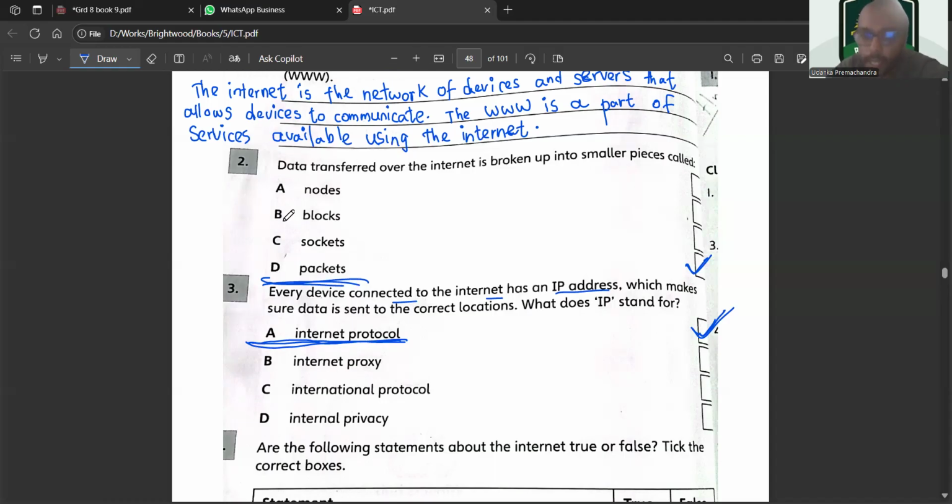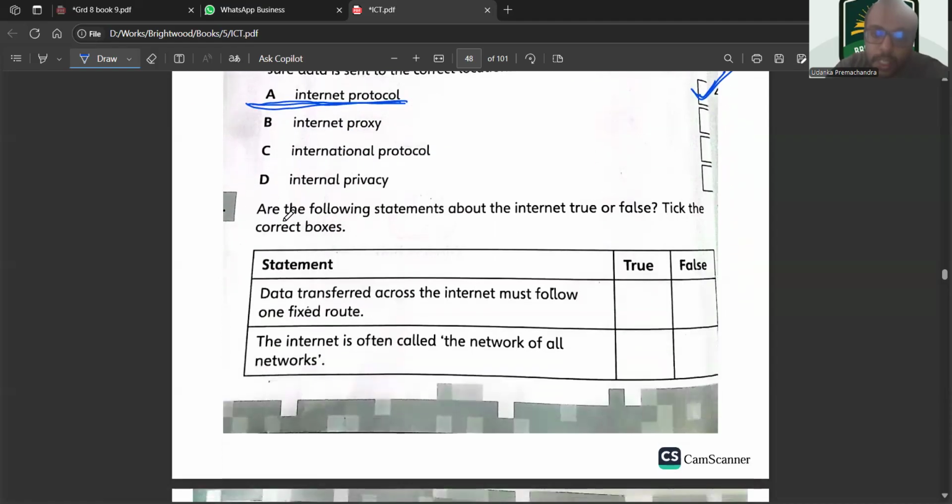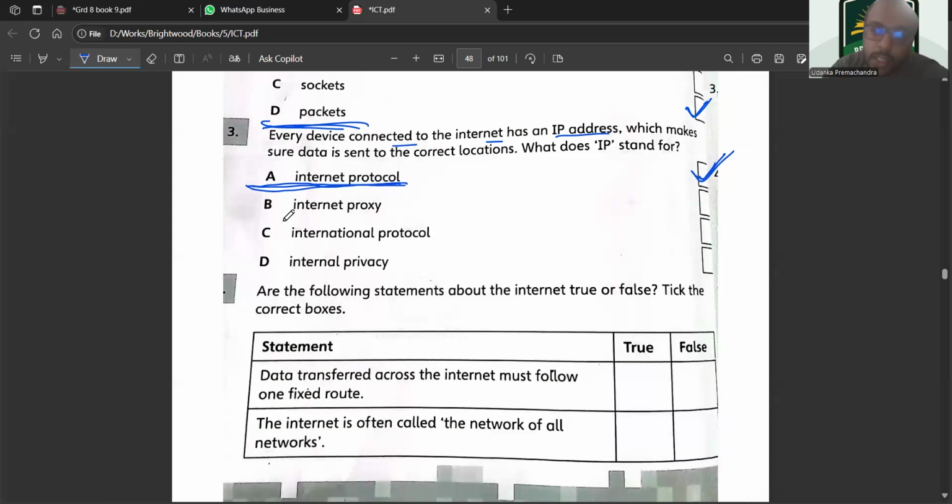And every device connected to the internet has an IP address, which makes sure data is sent to the correct location. What does IP stand for? Internet Protocol. Okay, next one.